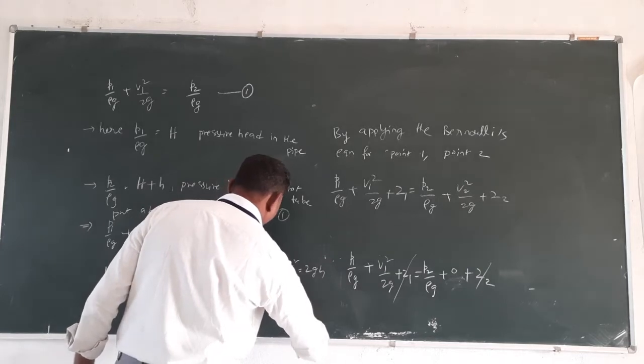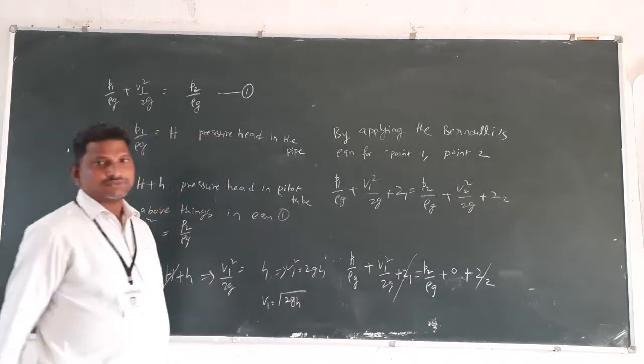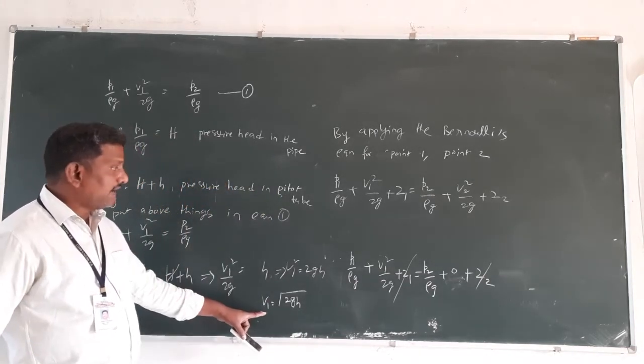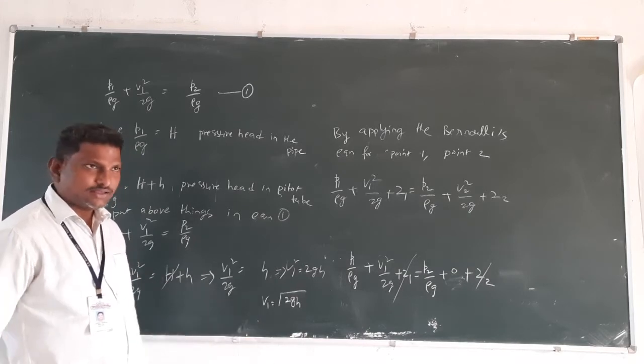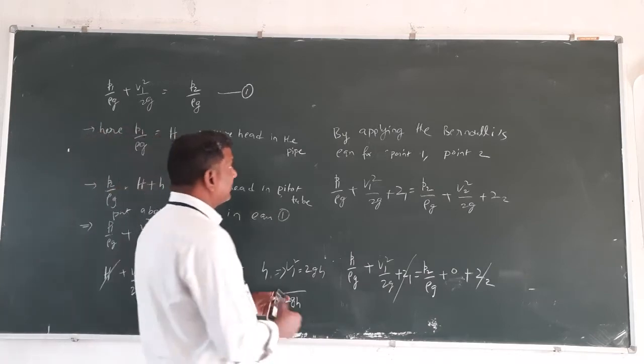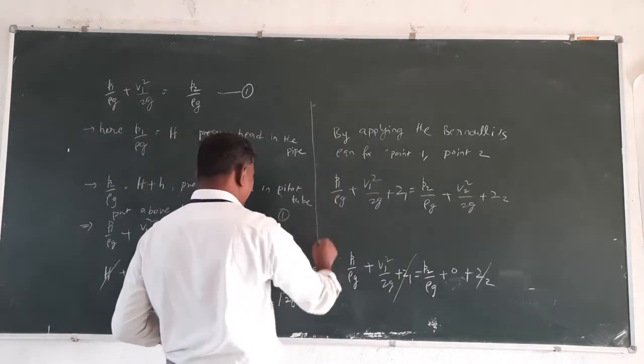V1 is equal to square root of 2gh. So at point 1, with this velocity, liquid is flowing in the pipe.